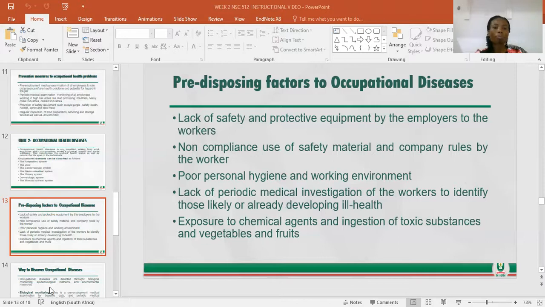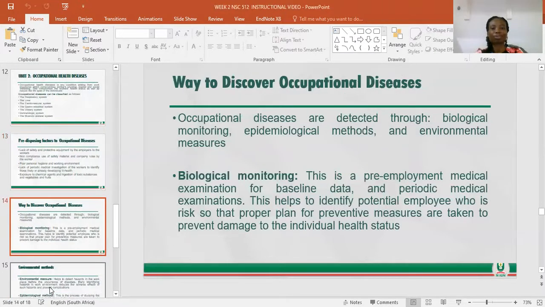So, what are the ways to discover hazard risk in the workplace?